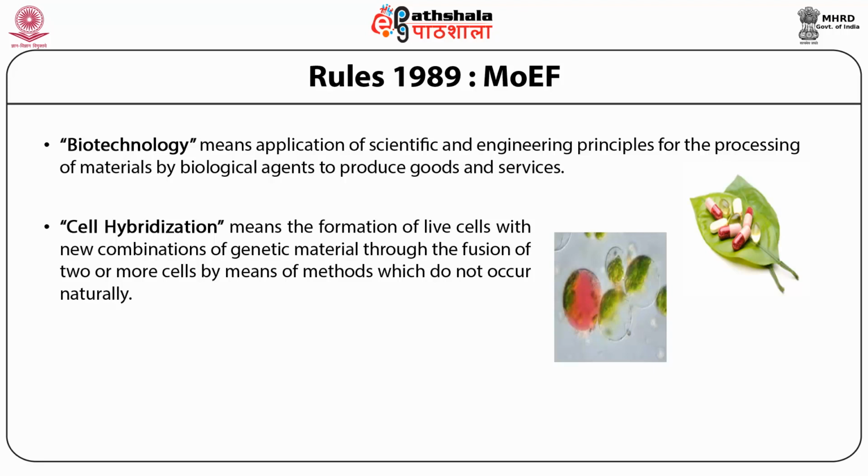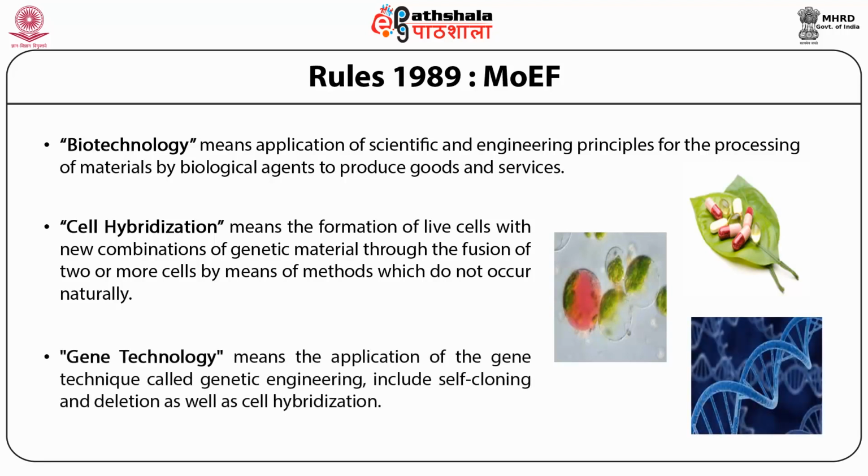That is, the fusion of genetic material from 2 different species, which is not a natural phenomenon. Gene technology has been defined as the application of the gene technique or genetic engineering, including self-cloning and deletion as well as self-hybridization. There are many terms which have been described in Rules 1989. We have discussed some of them.